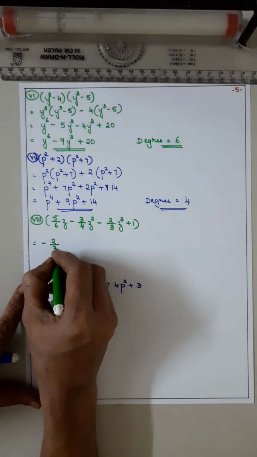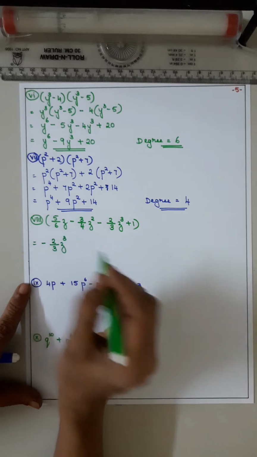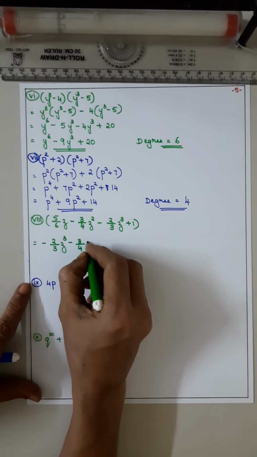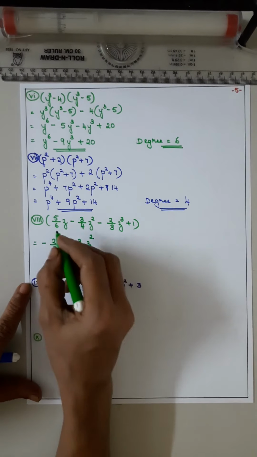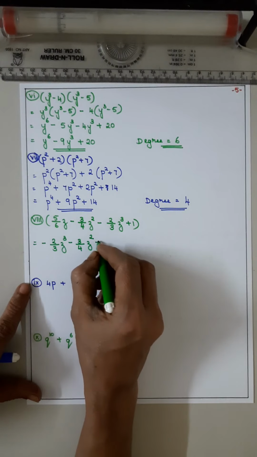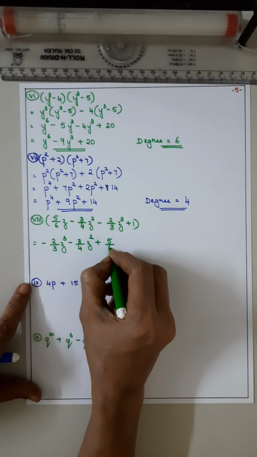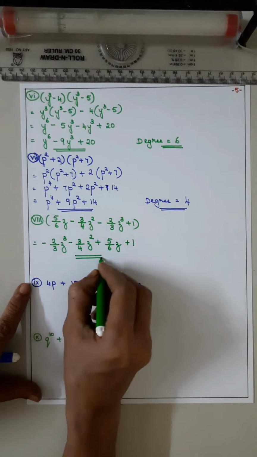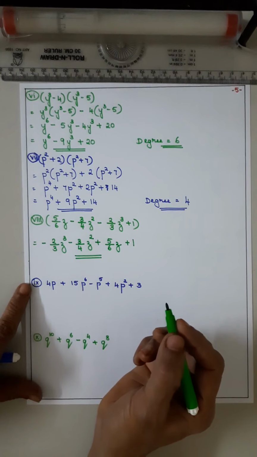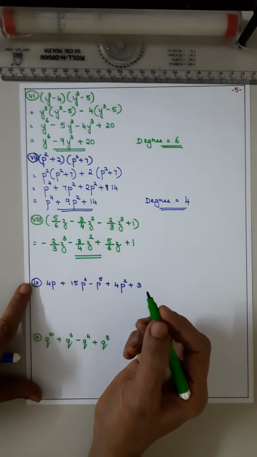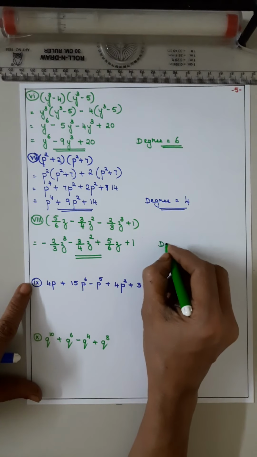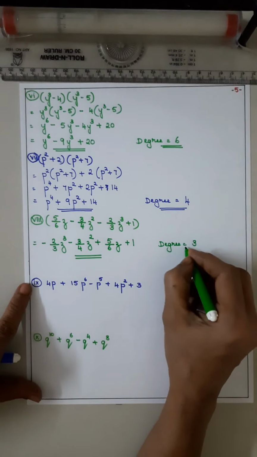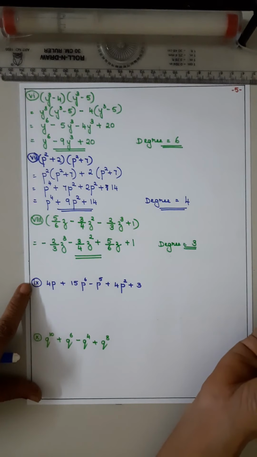Minus 2 by 3 z cube. Then comes minus 3 by 4 z squared. Then comes plus 5 by 6 z plus 1. So it is just rearranging in the decreasing order of the powers. Now degree is how much? The biggest is 3. Okay.